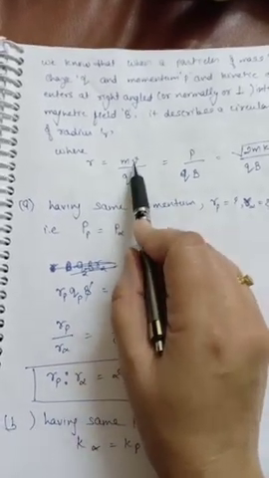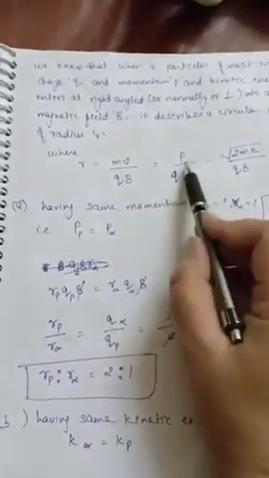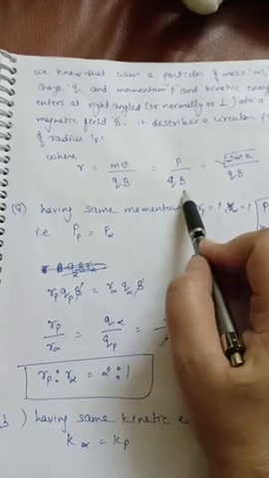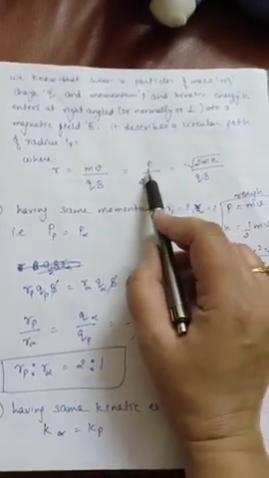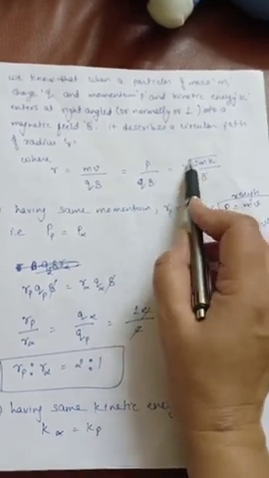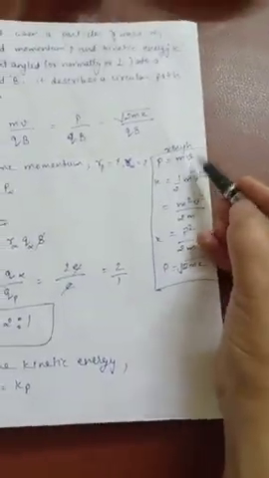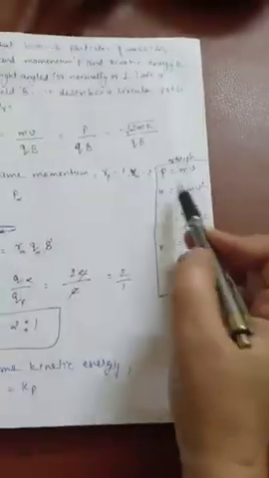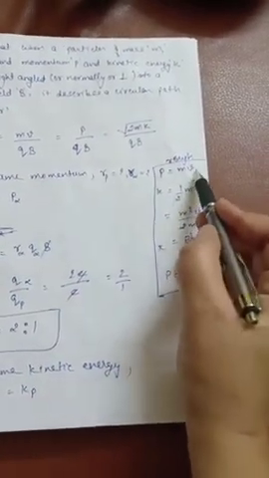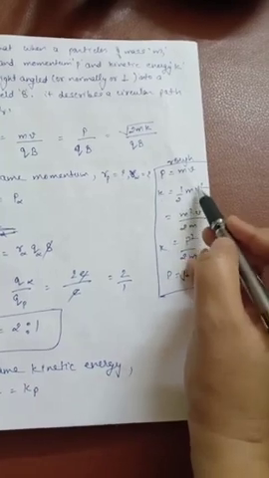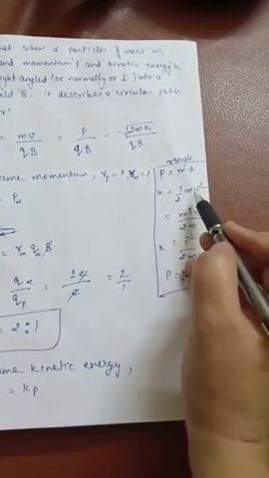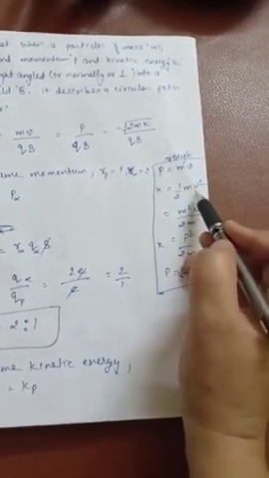mv is nothing but the linear momentum, so R equals p upon qB. If we want to write momentum in terms of kinetic energy, this is the relation. We have derived this relation from here. p equals mv, and K equals half mv square. Multiply both numerator and denominator by m.